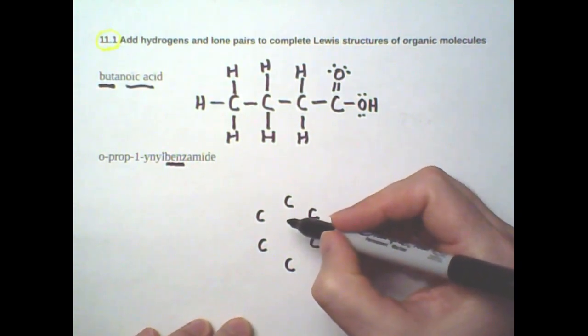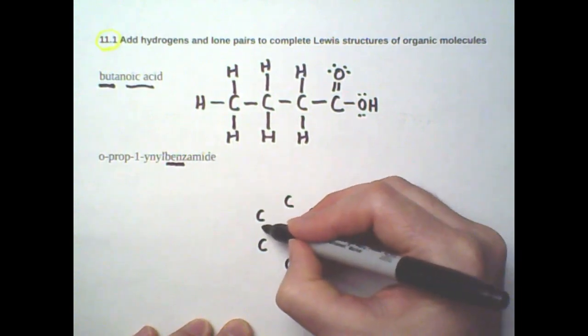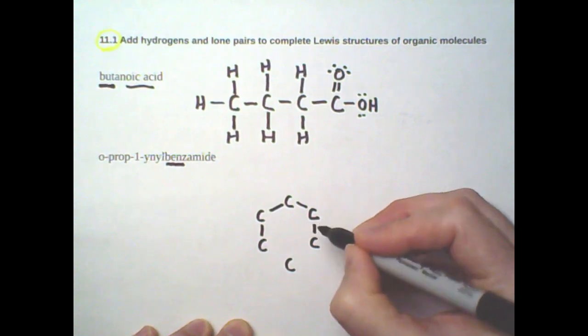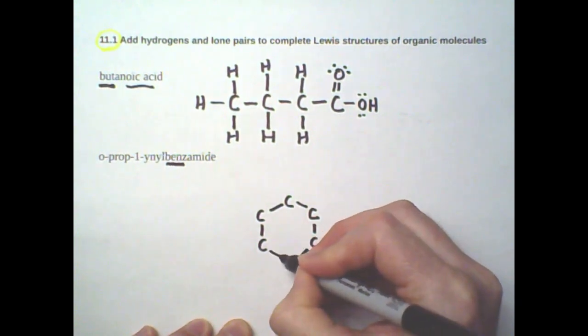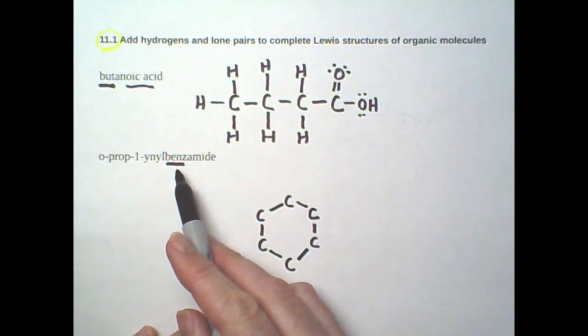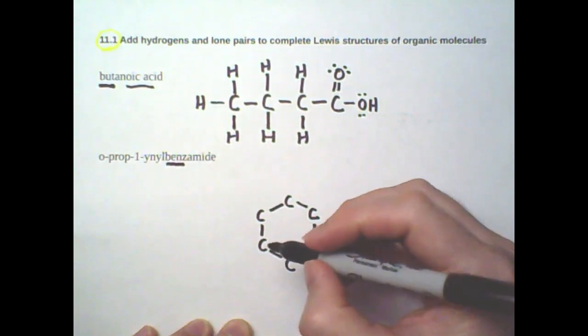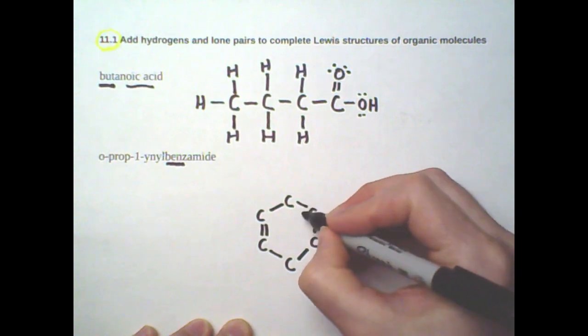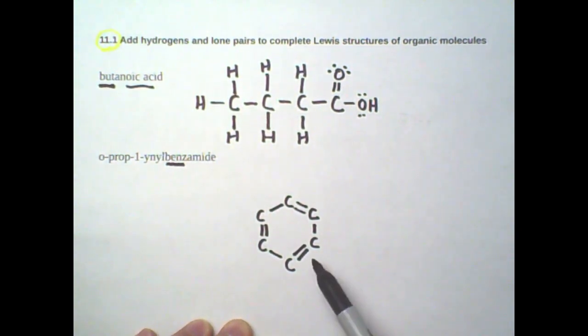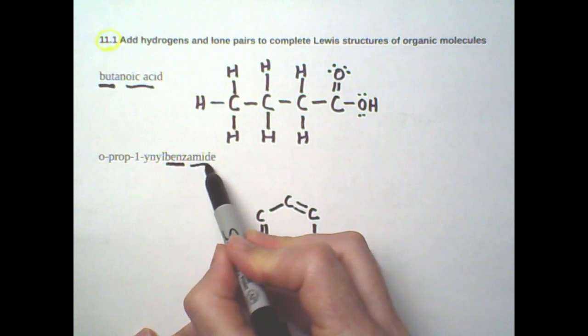I don't know if this molecule could actually exist or if it would be stable, but it has lots of good naming stuff for us in it. So we've got the benzene started, but benzene is an aromatic compound that has alternating double and single bonds.